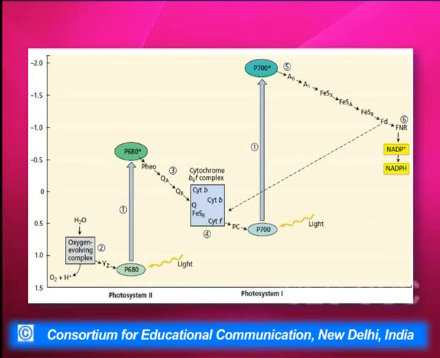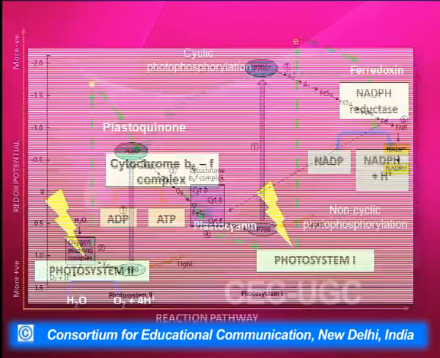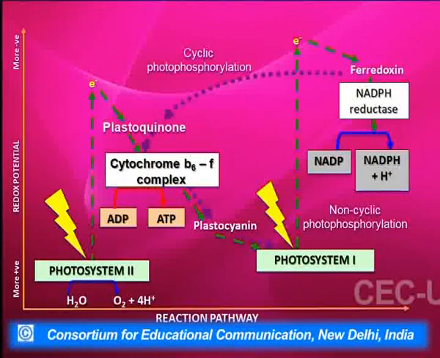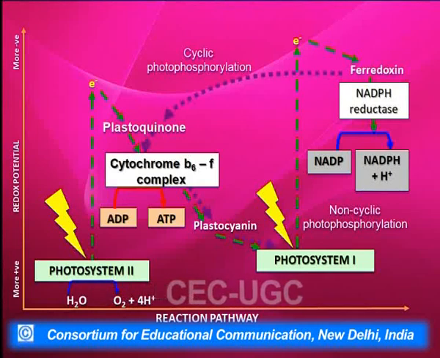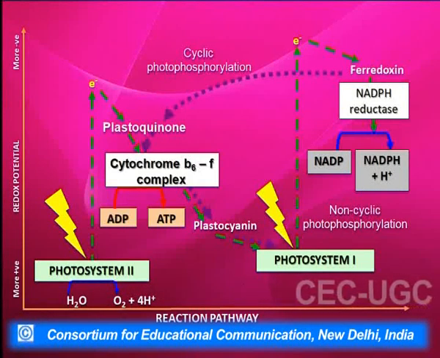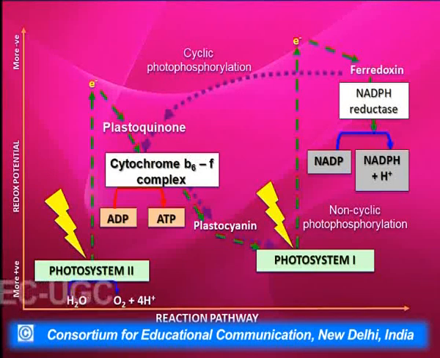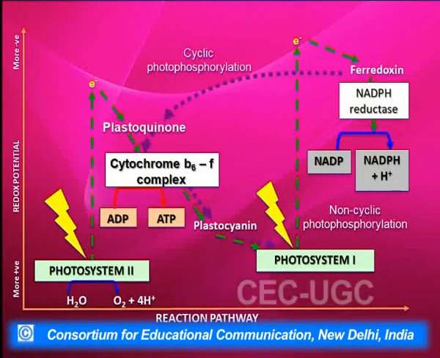By this time, the electrons and of course the H plus, which were there by the splitting of water, combine to give rise to NADPH. The basic idea therefore is that the two photosystems are running here in tandem, that is together simultaneously, and the two products are ATP and NADPH.